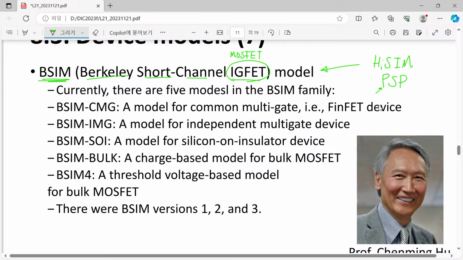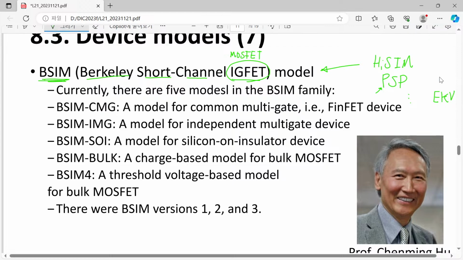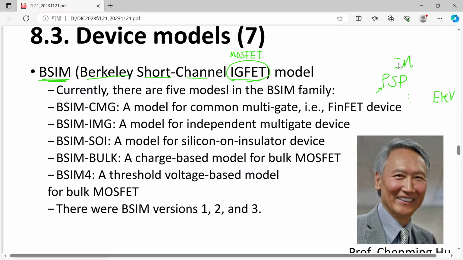Also there is the EKV model from Switzerland, and there are many other models. They have their own advantages and disadvantages. However, from the viewpoint of impact on the industry, BSIM is really outstanding. This can be regarded as a standard model.